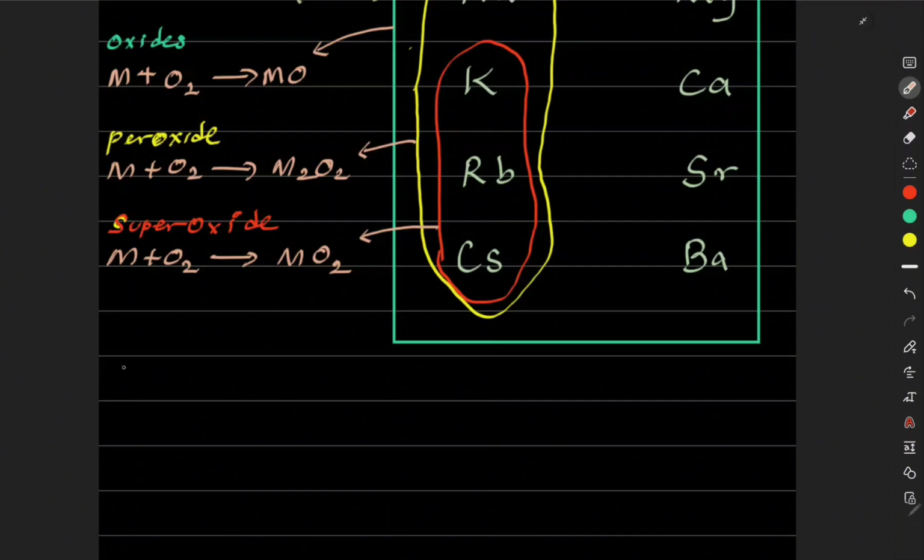If we add water to these oxides, they will form metal hydroxides. We'll write that MO plus H2O forms metal hydroxide.